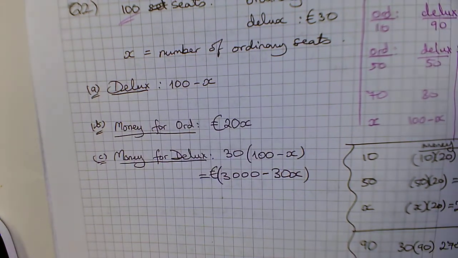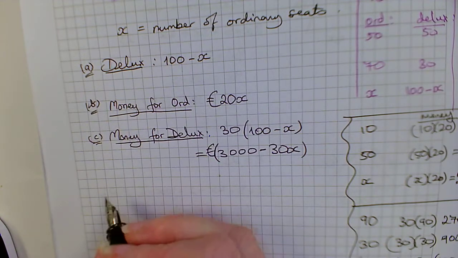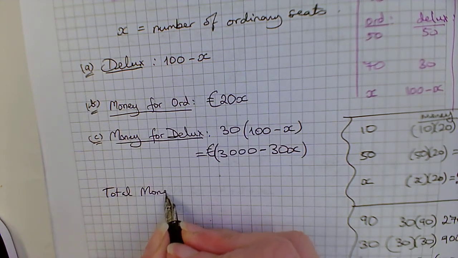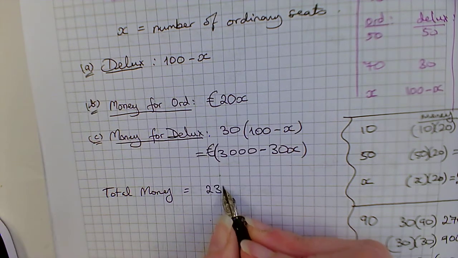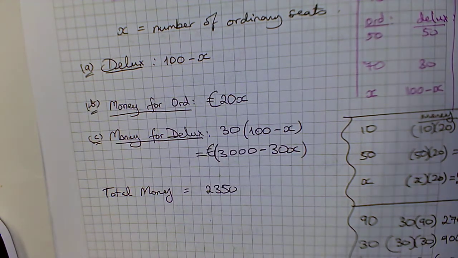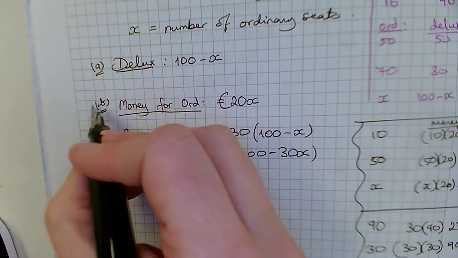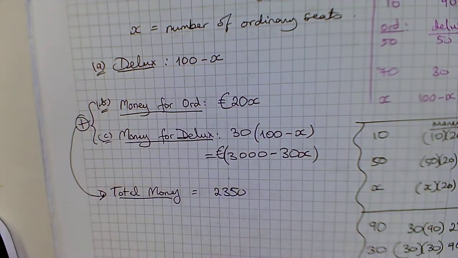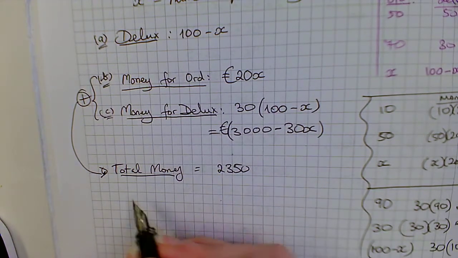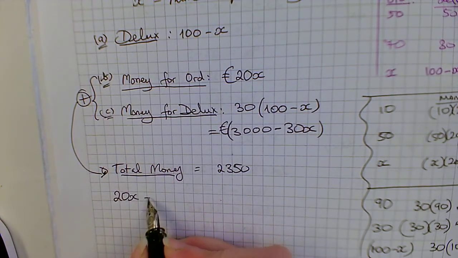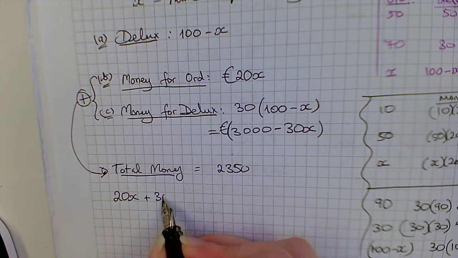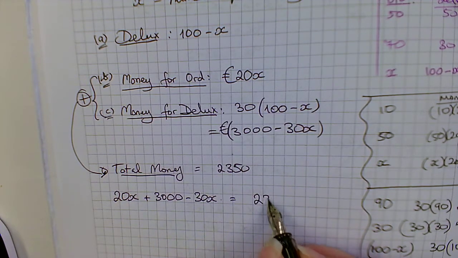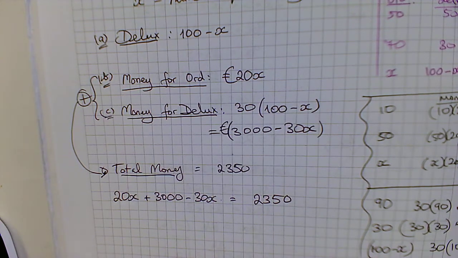And the final part of the question then says that the total money was 2,350, and we know that that should be both of those added together. So now we can solve for x, because we can say that 20x plus 3,000 minus 30x is equal to 2,350.